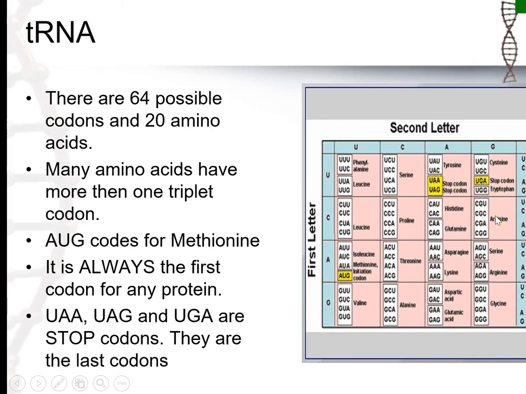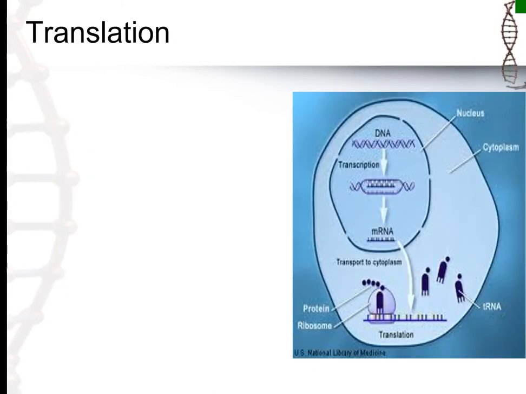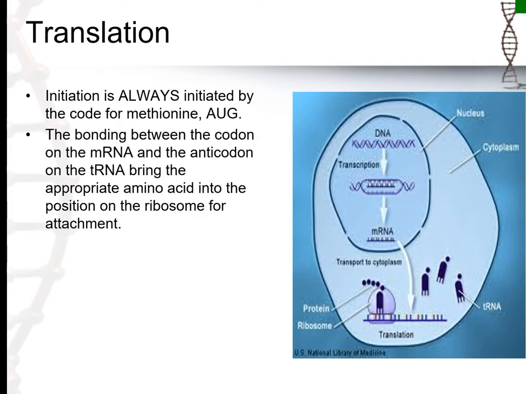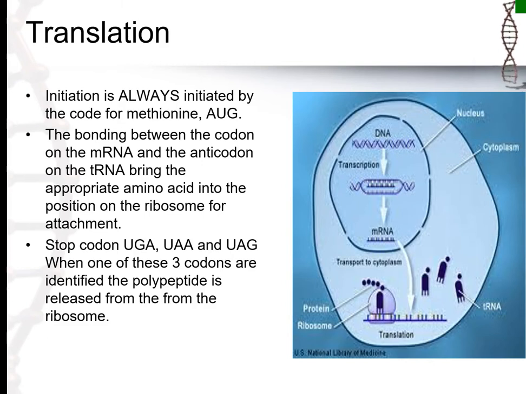When one is seen, the protein is then released. So in translation, it always starts with AUG, the code for methionine. The bonding between the codon on the mRNA and the anticodon on the tRNA brings in the correct amino acid, and when a stop codon is seen, the protein is released from the ribosomal unit.